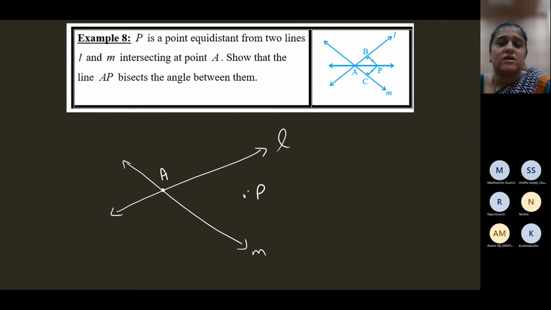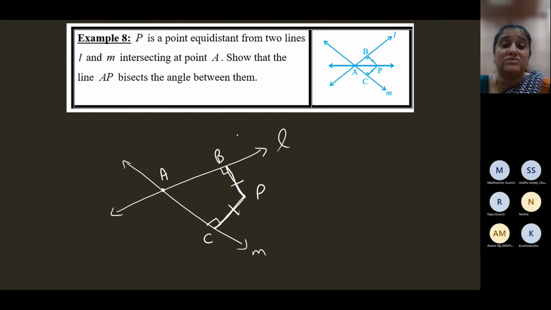So P is equidistant from two lines L and M intersecting at the point A. See here, the perpendicular distance from P to L and the perpendicular distance from P to M. In the given figure, they've called these points B and C. So PB is the perpendicular distance from P to line L, and PC is the perpendicular distance from P to the line M. And these two distances are equal, it's given.